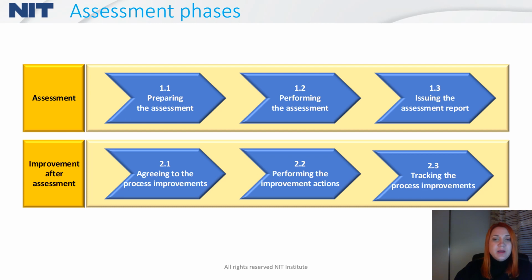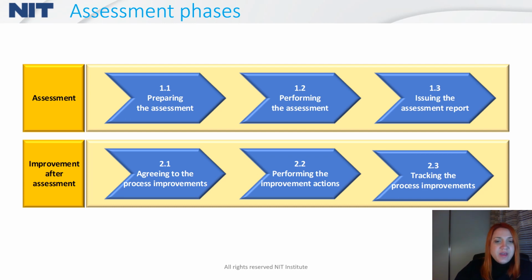Then the second one is performing the assessment, also involving all the stakeholders. In the third subphase, we have issuing the assessment report, and this is part which is basically only related to the assessor and co-assessors.